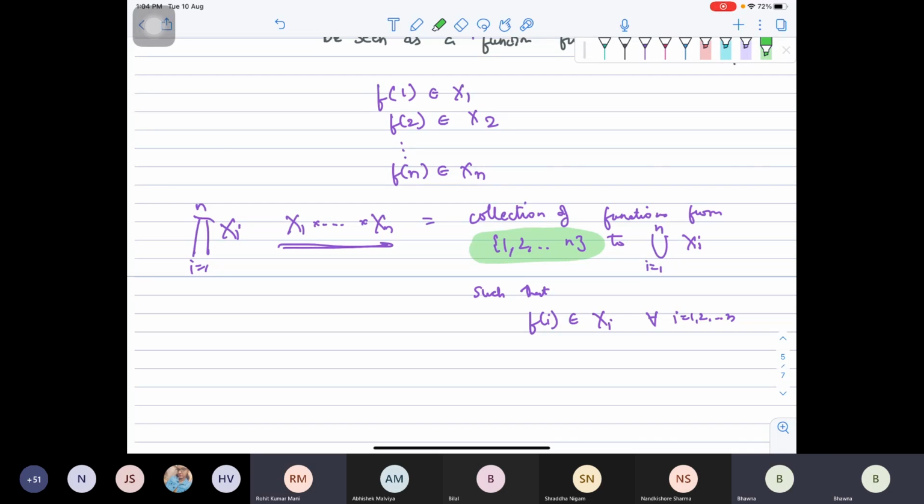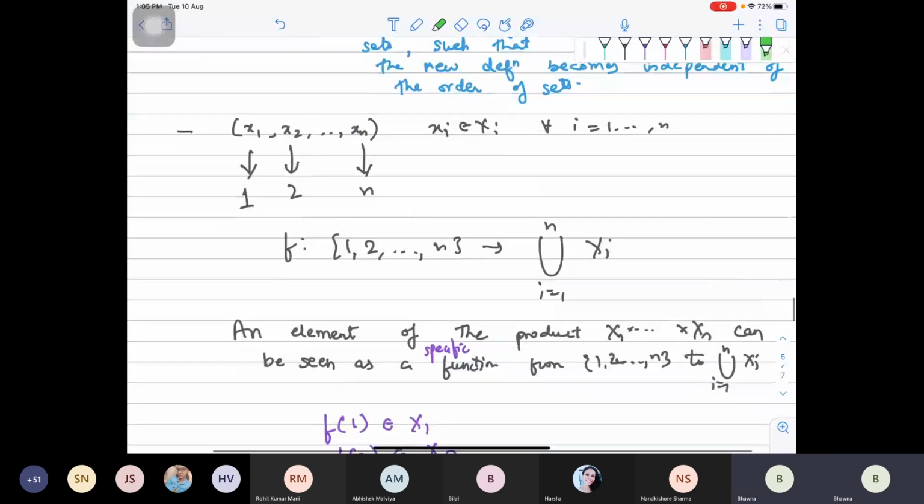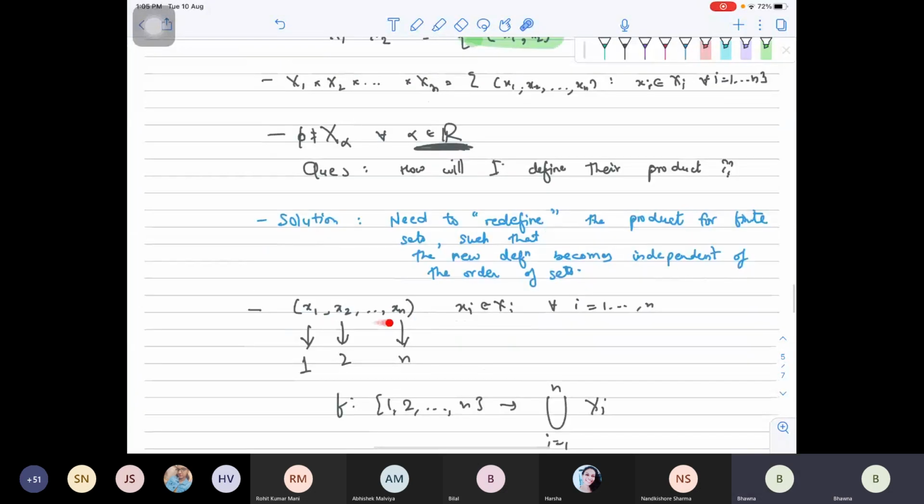Okay, let me explain the function part once more. I am defining a function. I have taken an element from the Cartesian product, the way we have defined it. Now I want to re-examine this element so that I can define the product independent of the order.